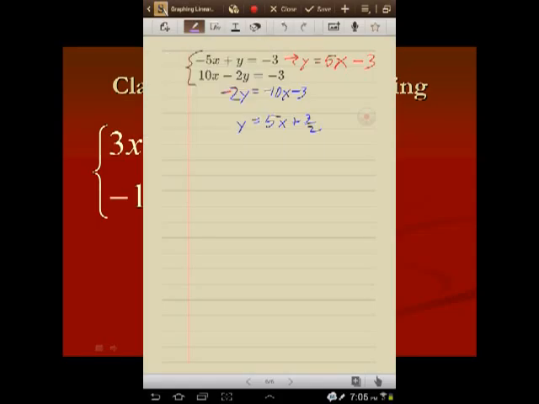Slope's the same, but we're starting from different points. So these are completely different lines, but they are parallel. And because they are parallel, they will never meet. There will never be an answer. That is an inconsistent system.